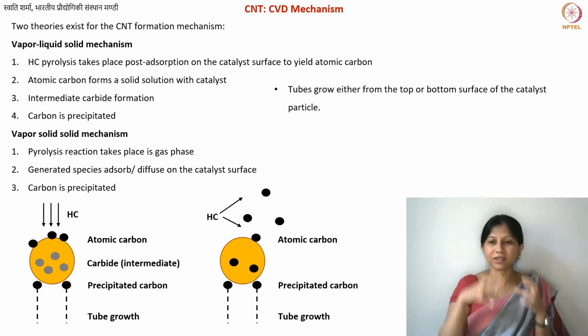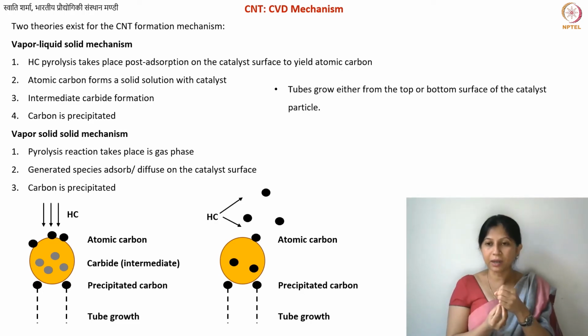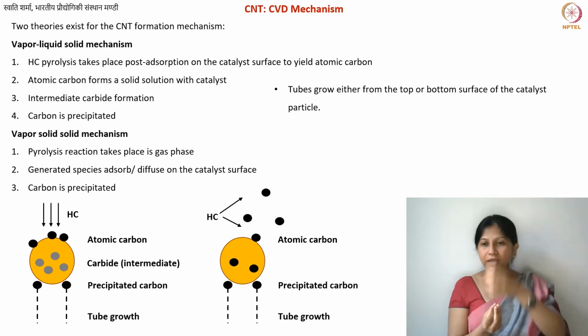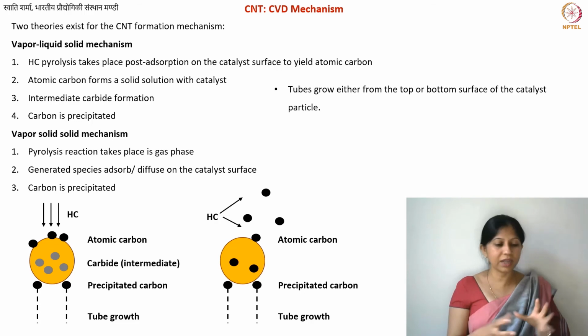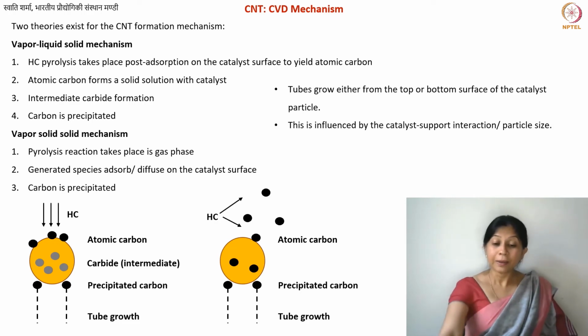And in the second strategy, there is a catalyst particle and the tube is growing below it, and as the tube grows, the catalyst particle goes up. I think these two are known as tip growth and base growth. So this is also very common. This is another way of describing the mechanism of carbon nanotube formation.